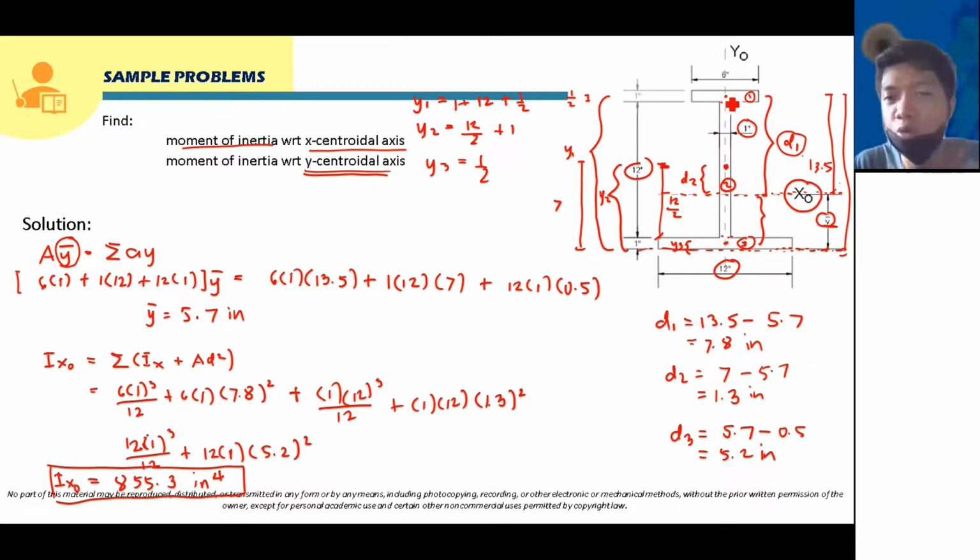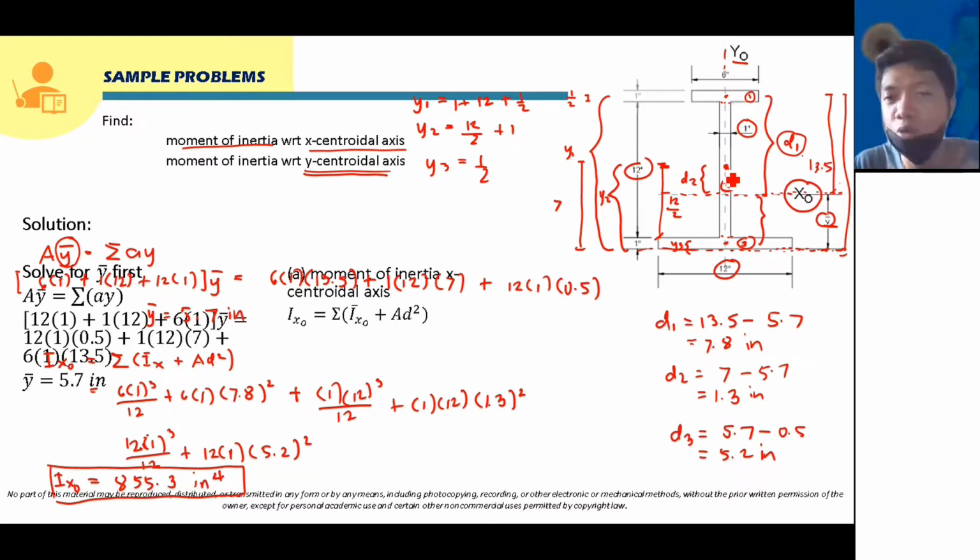As you can see, the centroid of all the areas coincides with the reference y-axis, so for these 3 areas, they will just be all hb cubed over 12, with no need to add a transfer term.